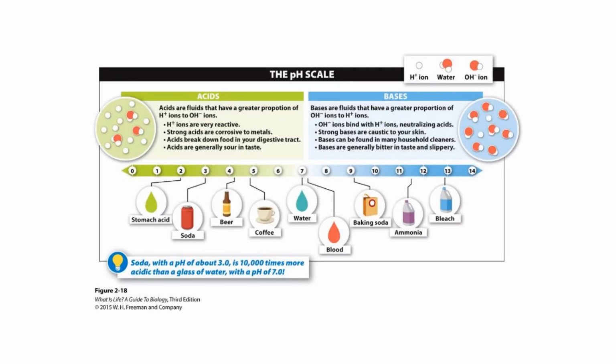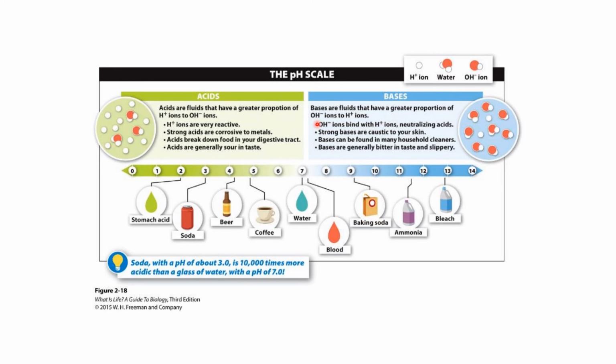The pH scale goes from 0 to 14. The closer you are to 0, the more acidic the solution, meaning it has a whole lot of hydrogen ions. The closer you are to 14, the fewer hydrogen ions you have and the more of what we call hydroxide ions.